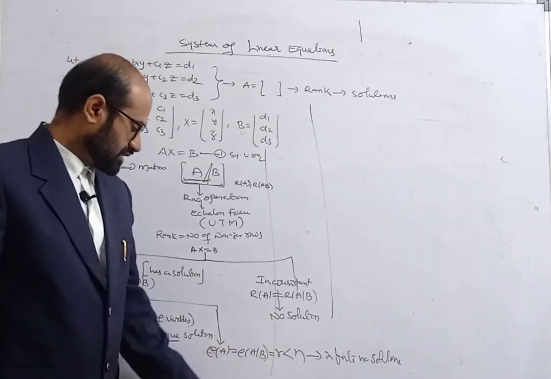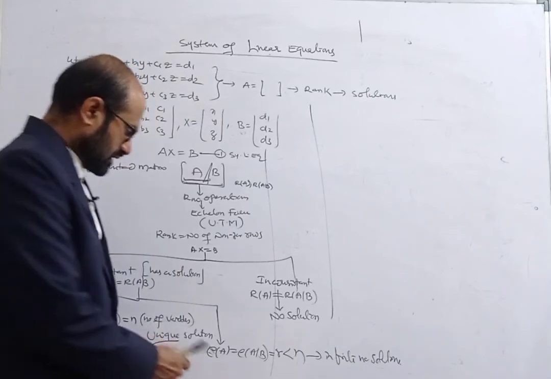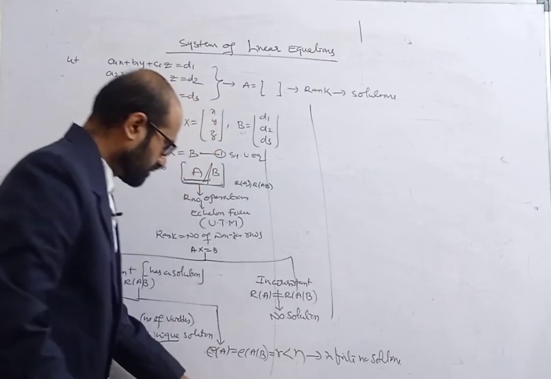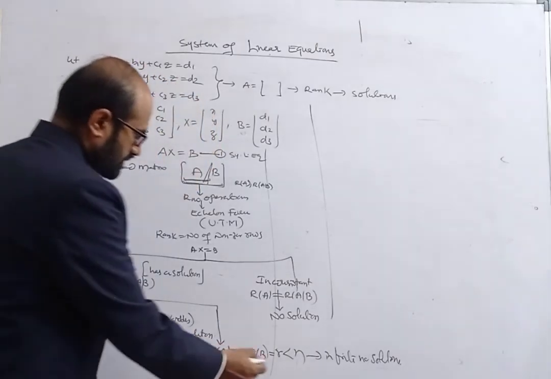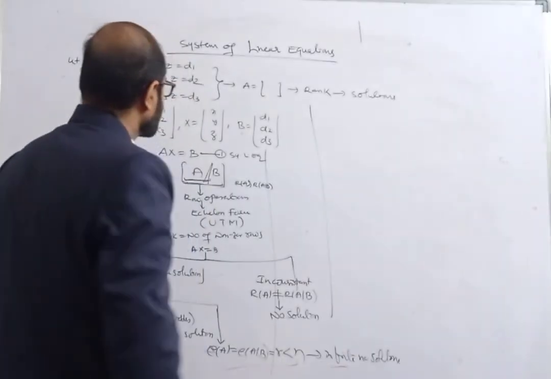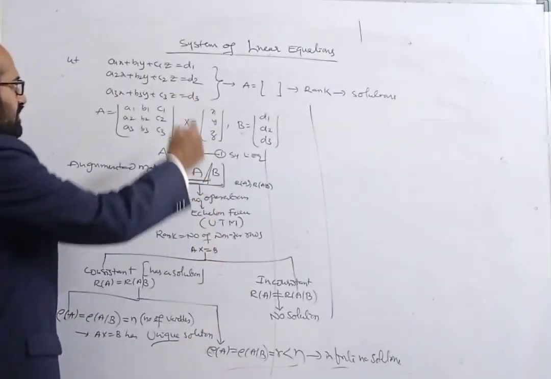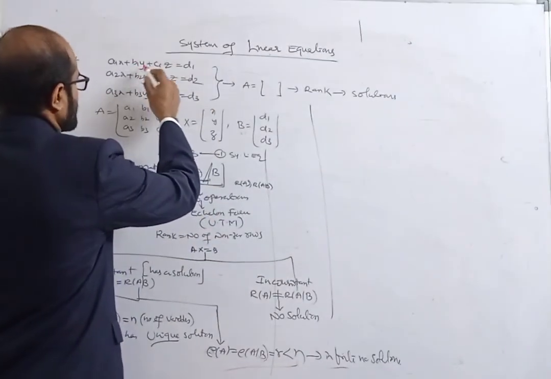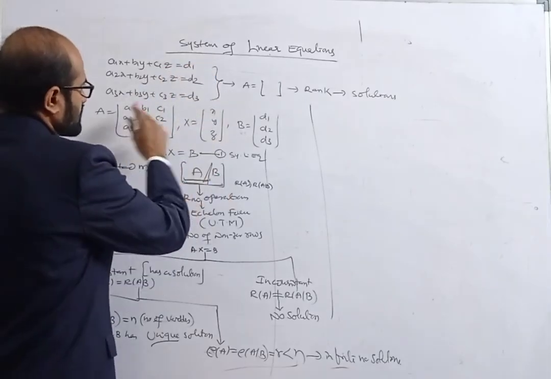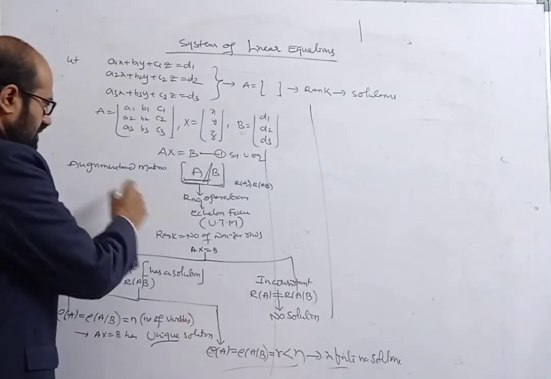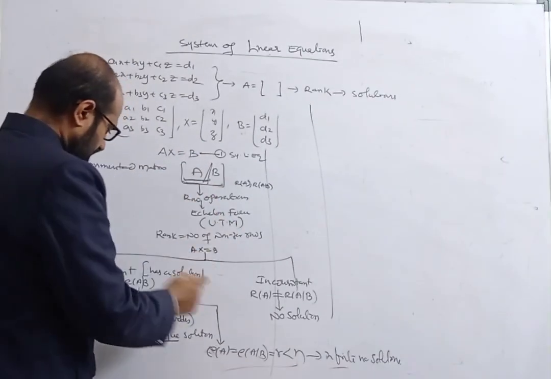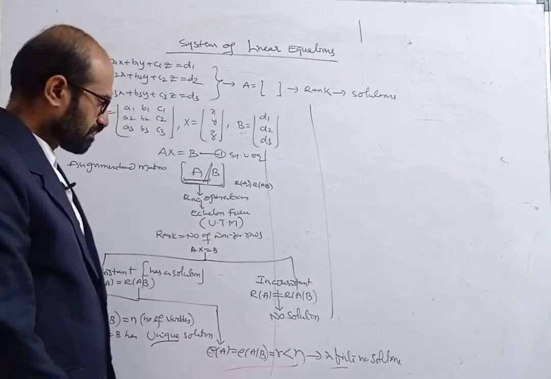And if the rank of A equals the rank of AB, which is less than n, then we can get infinite number of solutions, right? So once again, let a1x plus b1y plus c1z equal to d1. This is the system of linear equations, and then take the augmented matrix from this, and find the rank of the matrix and check this.